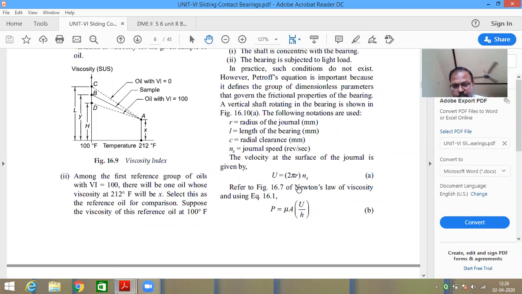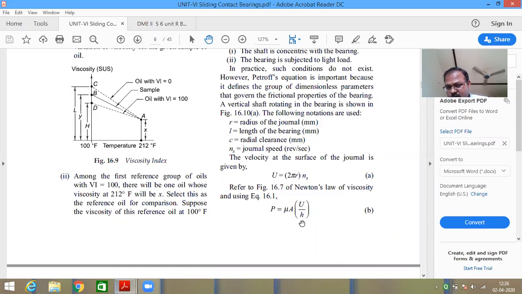Now Newton's law of viscosity, second year fluid mechanics. It says that shear stress is directly proportional to the rate of change of shear strain. P divided by A is tau, the shear stress. du means change in velocity divided by dy, the distance.